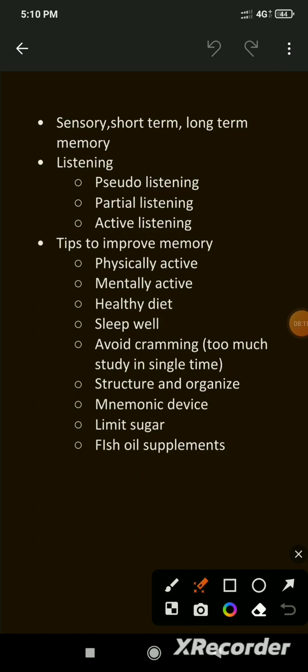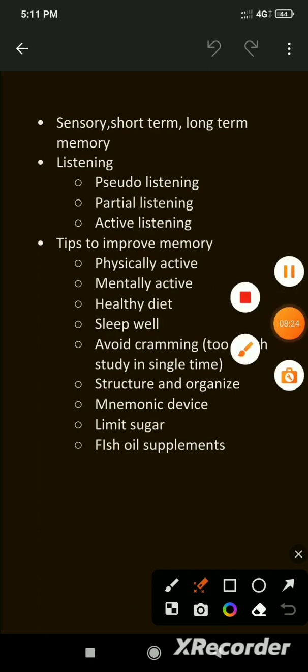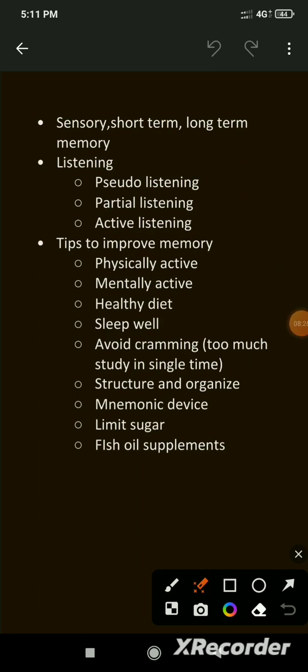The listening is actually of three types: pseudo listening, partial listening, and active listening. Pseudo listening is like someone is acting like they are listening, but inside they are not listening properly. They simply act like they are carefully listening to the teacher or the tutor itself.